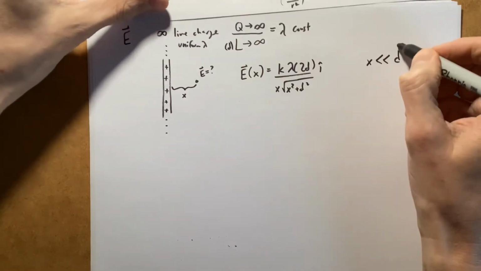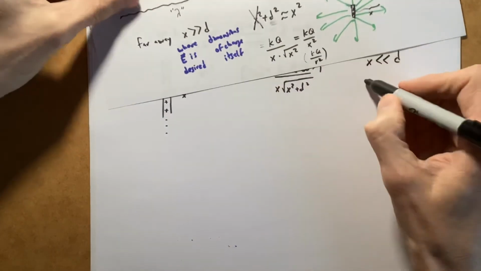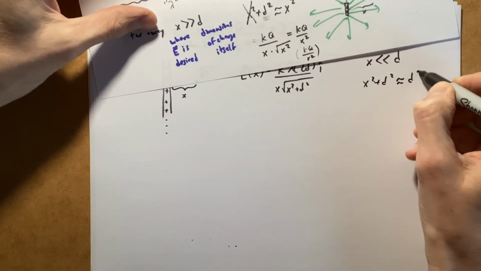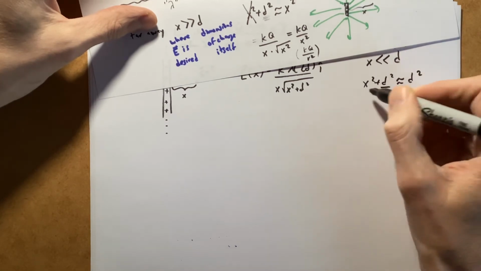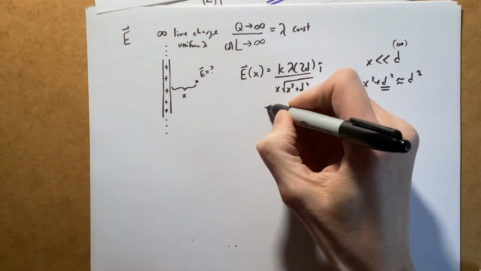Because essentially I've let this go to infinity. And then same logic goes here, x squared plus d squared, which I'm going to approximate as d squared. So this is the dominant term, this is not much effect. So let's see what that does over here.